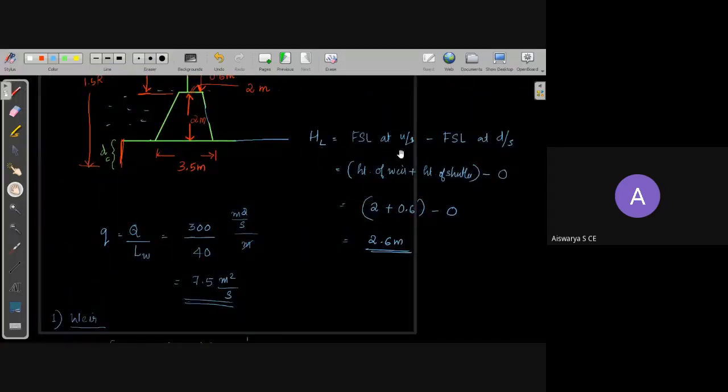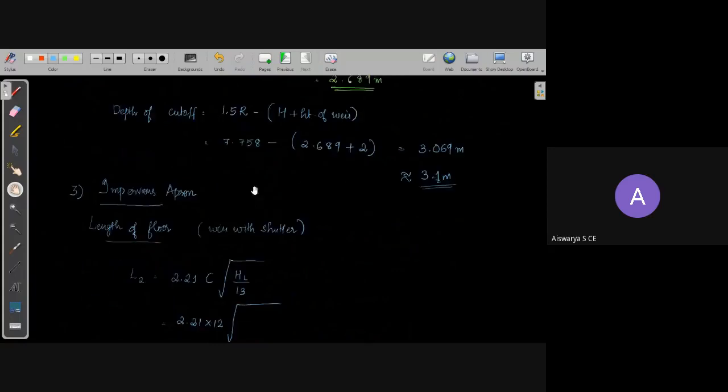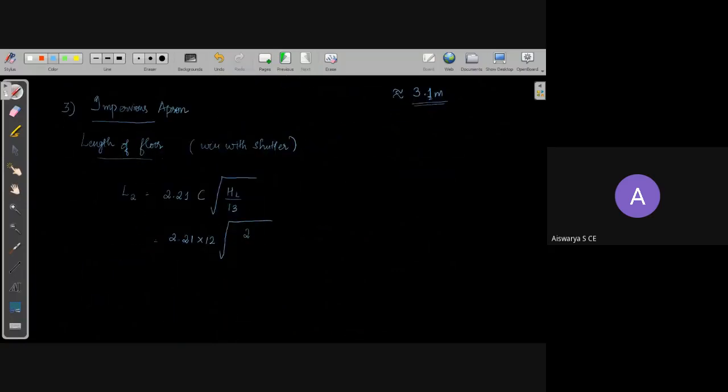HL is the upstream FSL minus downstream, value is 2.6 meter. So just substitute that value, 2.6 divided by 30. What is the value of L2? L2 I have got 11.86 meter. Rounding it off to the nearest whole number, 12 meters. So you have got the value of L2.